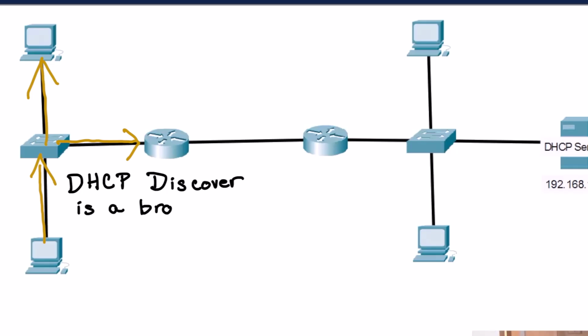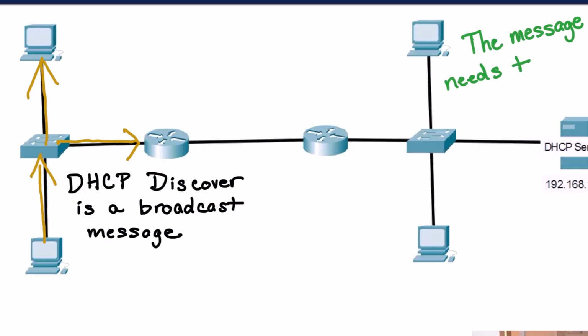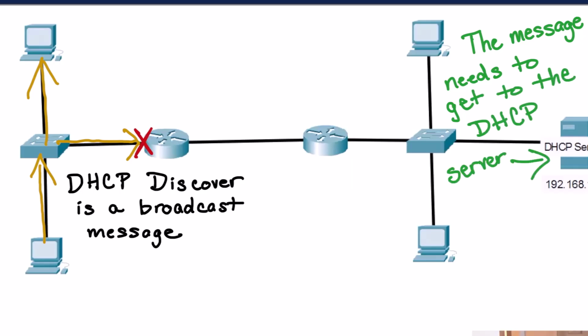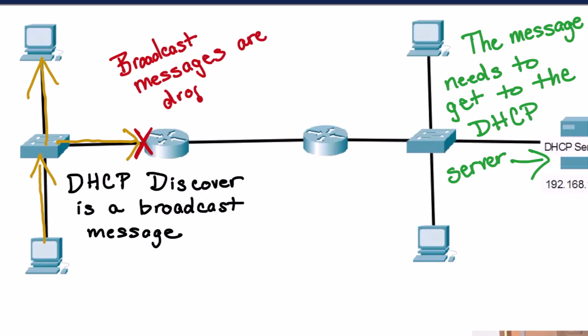And when that broadcast message gets to the router interface, it's dropped. You can think of it like the router shouting across the network, I need a DHCP server. And then the router, it's like a closed door. And it just says, I don't do broadcast messages. Not going to happen. So the message stops there.